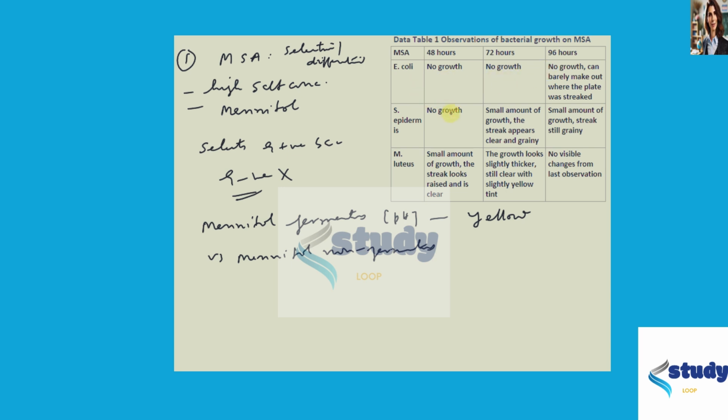As we can see, the growth present here is only in S. epidermis and M. luteus, which means both of them have survived the high salt concentration, while the yellow color is produced only in case of M. luteus.